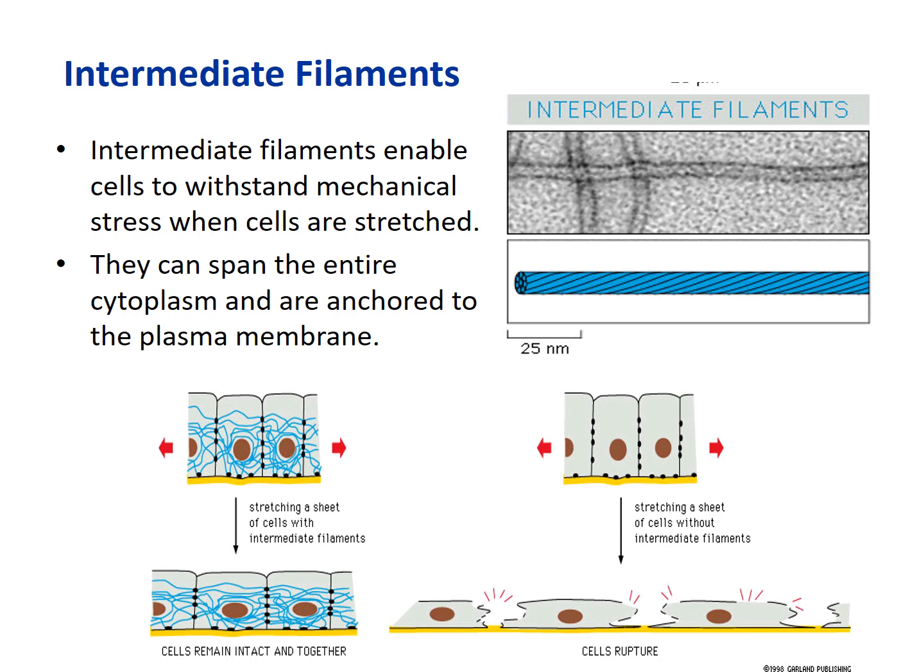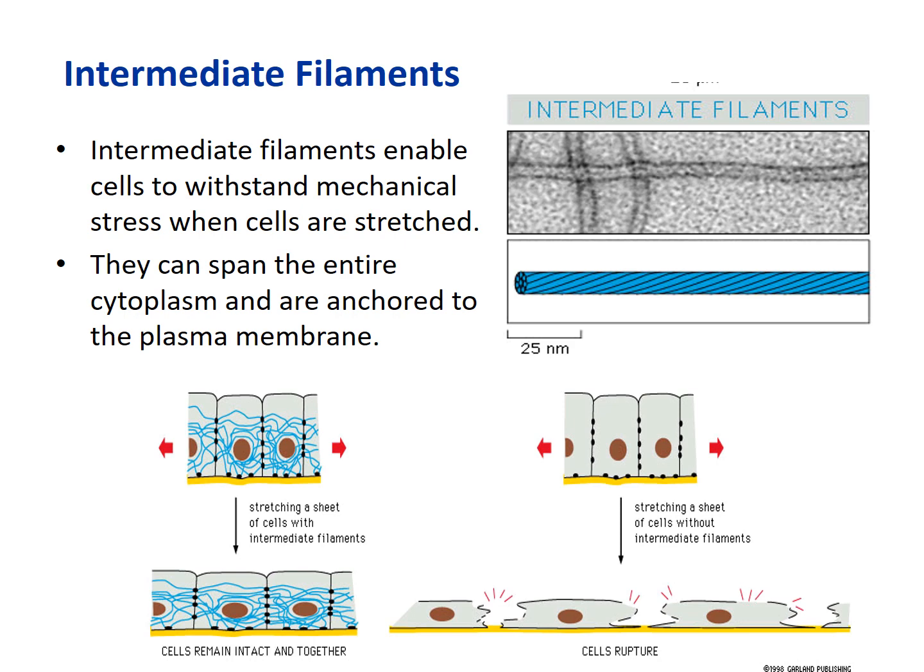So let's talk intermediate filaments. Here's intermediate filaments. How do we know what they look like? We can actually visualize here. And it looks like a twisted rope, a bunch of Twizzlers kind of coming together. They span the entire cytoplasm and are anchored in specific spots between a monolayer of cells.